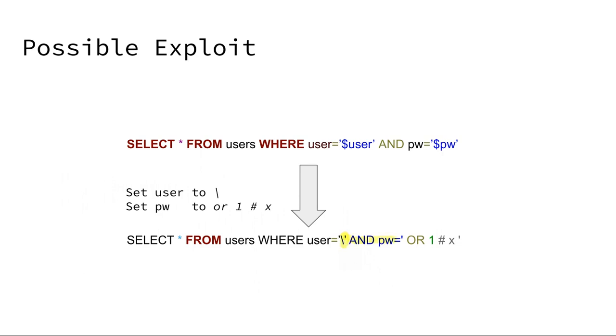So this entire part here will be treated as a string, even though it was supposed to be SQL code. Then comes another quotation mark, that's the quotation mark here from the password. So this is the string now. And afterwards, we can proceed with our normal SQL injection, because the password field was set to this.